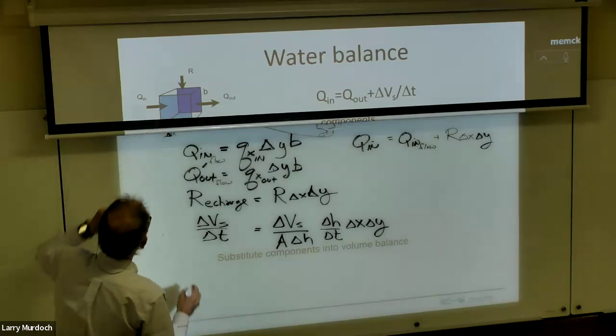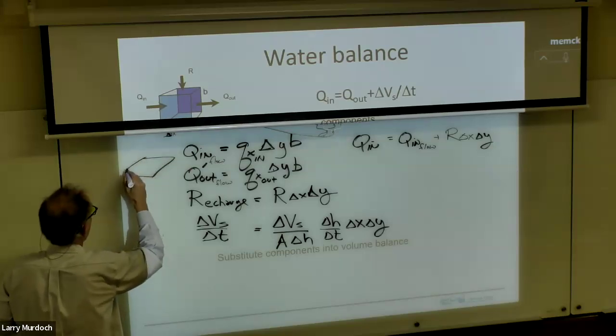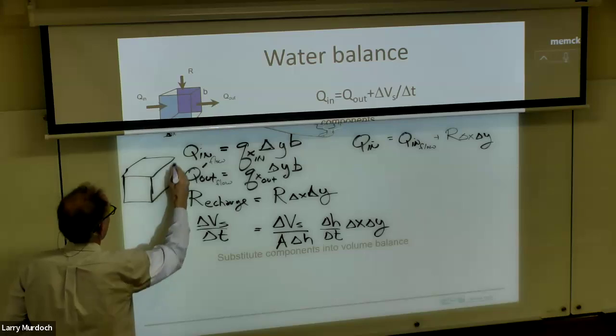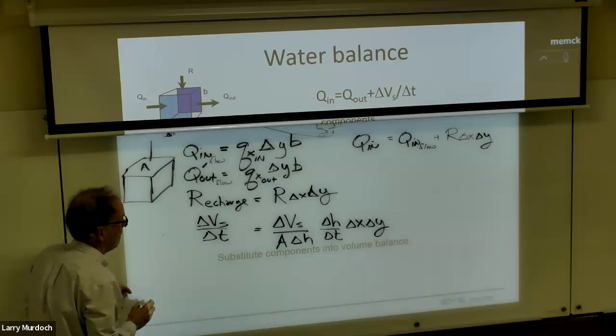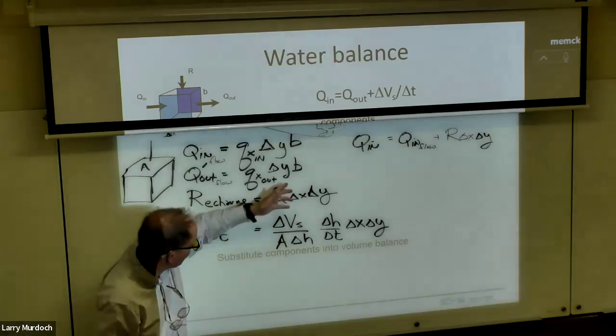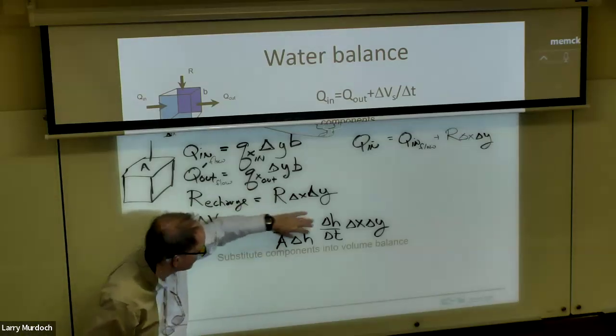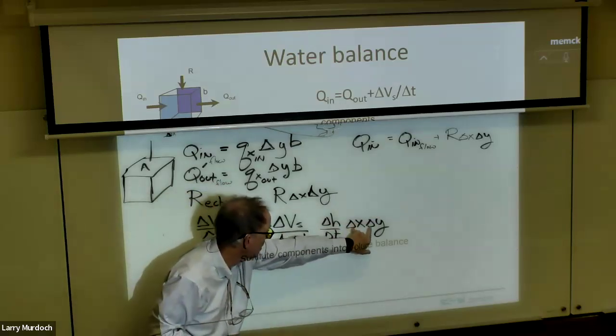A in this case, let me just draw our cube here. So this is A. The way to think about this is this A is the same as that, so those two cancel out.